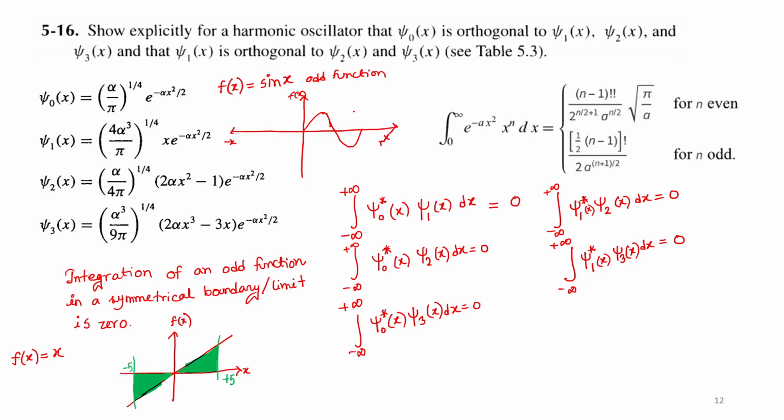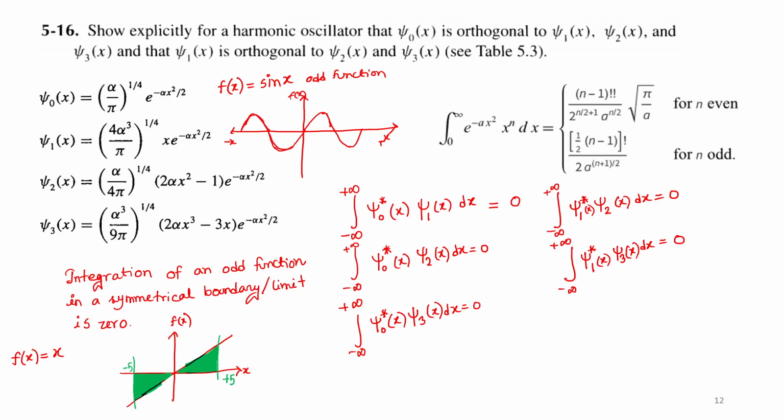I'm just drawing up to this part. And what about minus pi by 2? At minus pi by 2, it is minus 1. And then again at minus pi, it is 0. And then again it will increase.